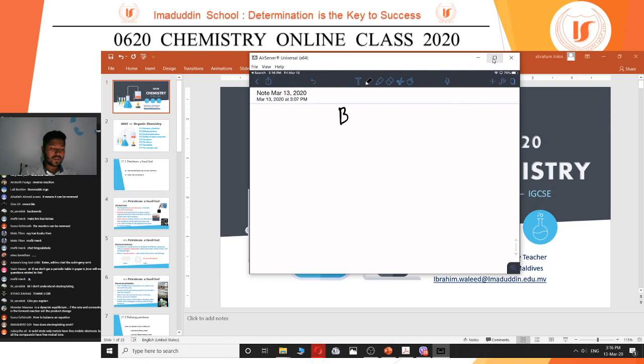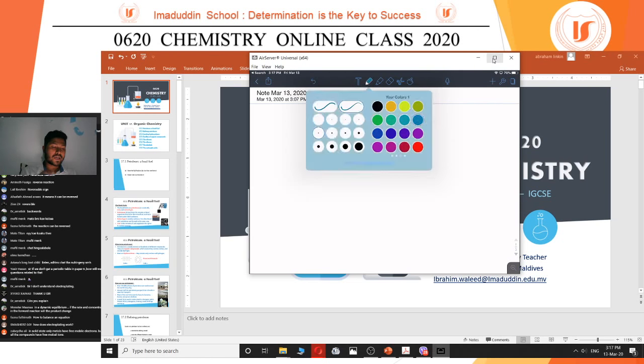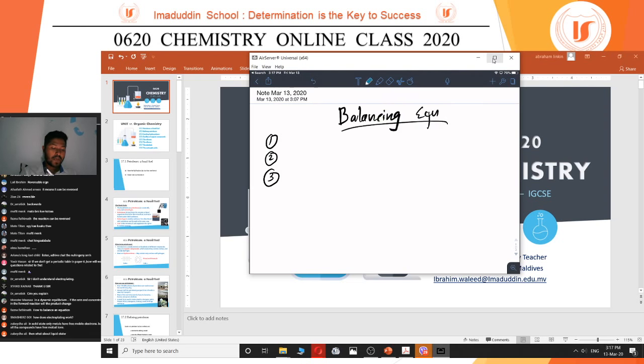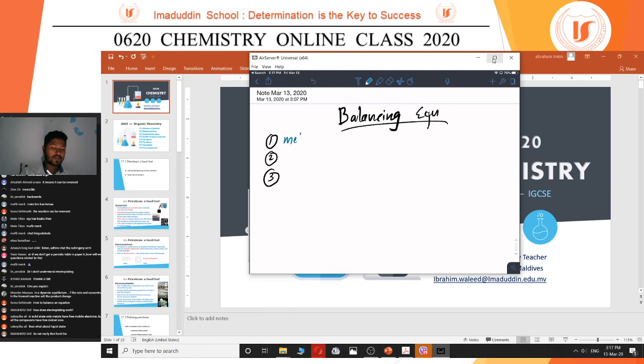Balancing an equation is a very big challenging task for most students. Once you know the main idea of how to balance equations, then it will become effortless. So when you balance an equation, always keep 3 things in mind. The first point is balance metals.